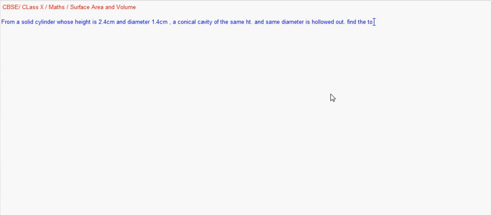Find the total surface area of the remaining solid. You have to just imagine. And we have to round off the answer to the nearest centimeter square. Let us draw the cylinder.